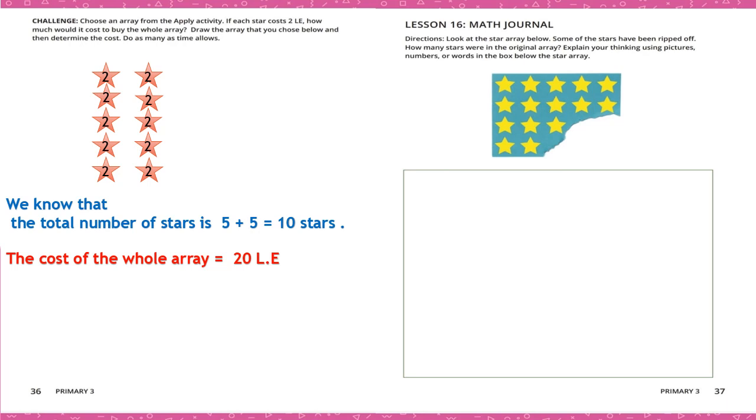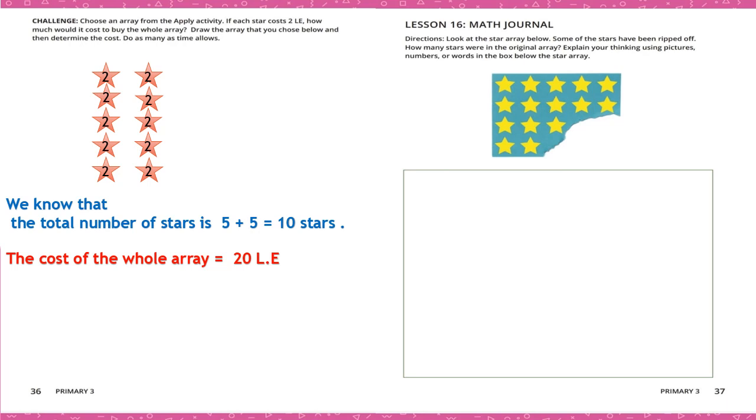Here, this array contains some rows and some columns before I cut it. And in each row, how many stars? 1, 2, 3, 4, 5. So to be an array, we shouldn't have any gaps.